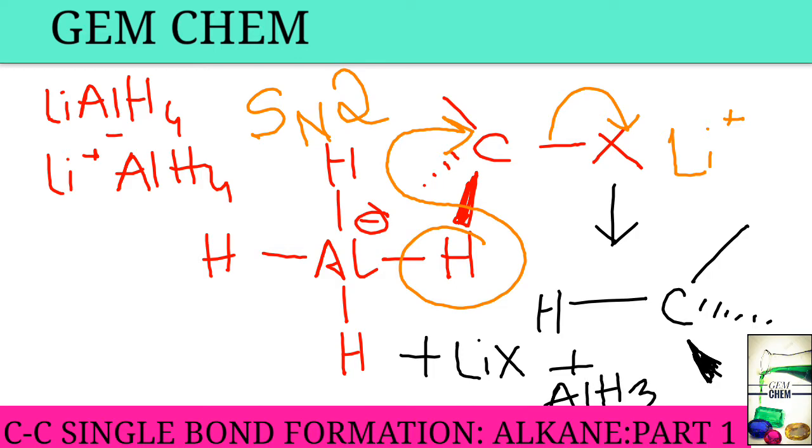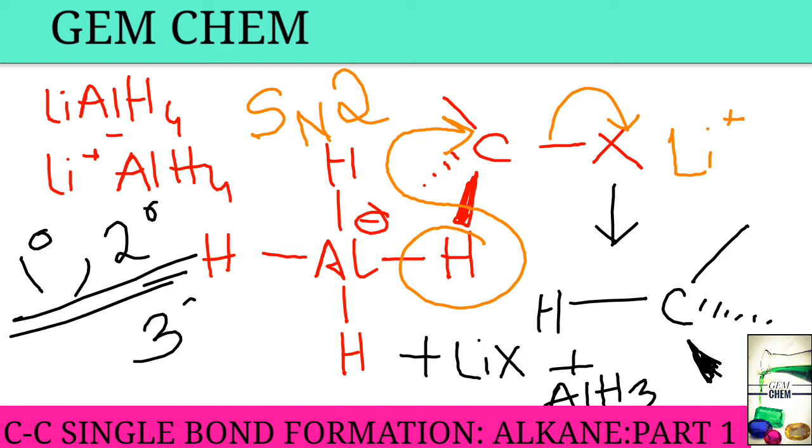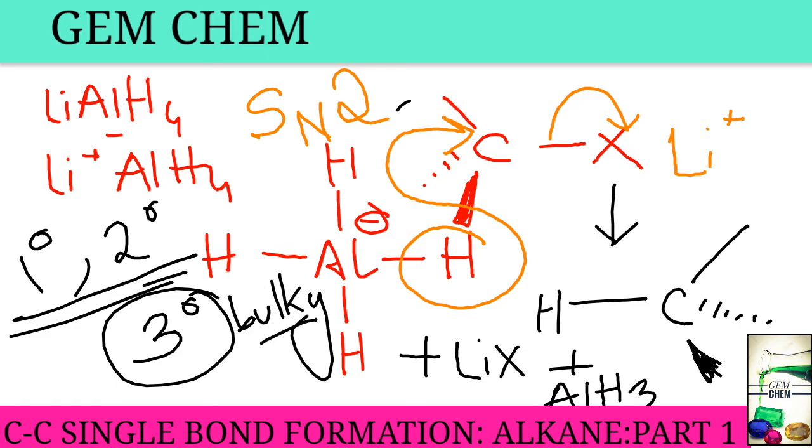Since there is an SN2 attack, 1 degree and 2 degree alkyl halide reaction is supported, but 3 degree becomes a bulky group, right? Since it is bulky, backside attack becomes difficult. So we only observe reduction of 1 degree and 2 degree alkyl halides.